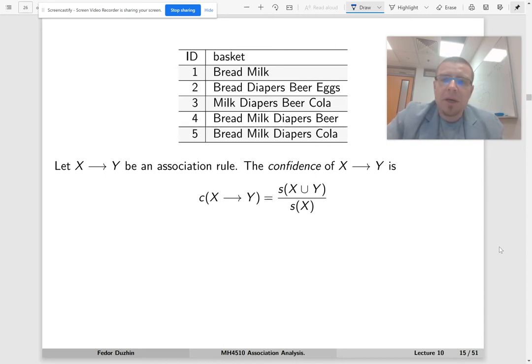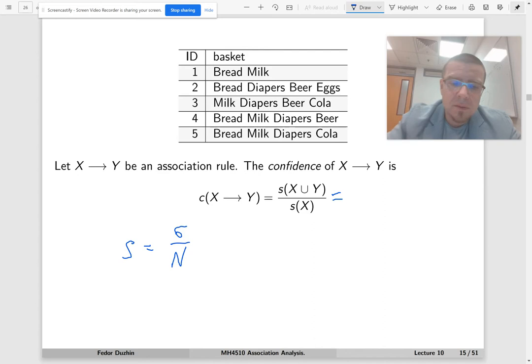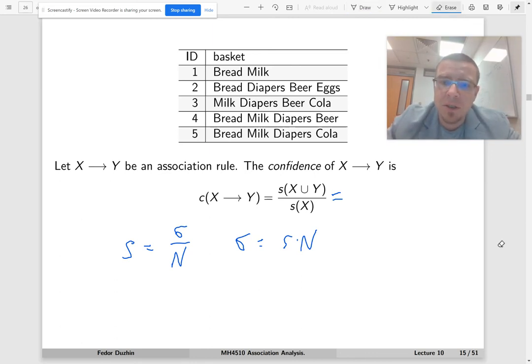If we have an association rule, X implies Y, then the confidence of this association rule is the support of the union of X and Y divided by the support of X. Note that since S is sigma divided by n, sigma is S times n, so we can multiply both numerator and denominator of this fraction by n.